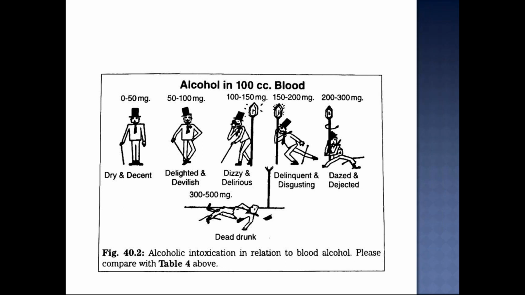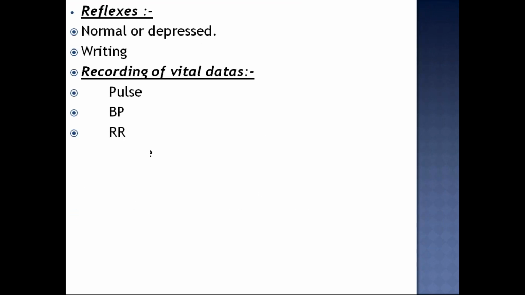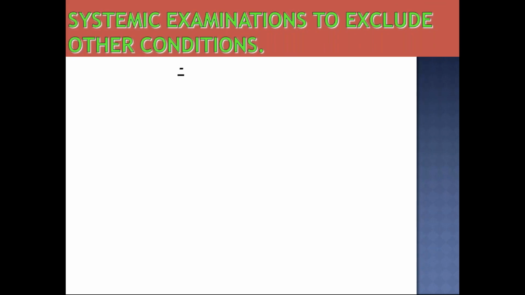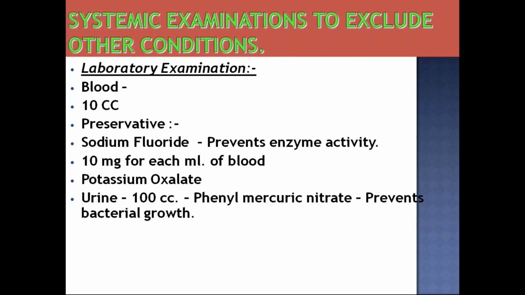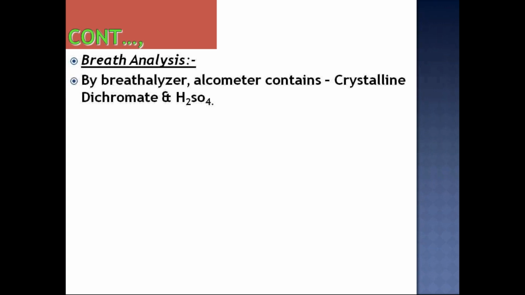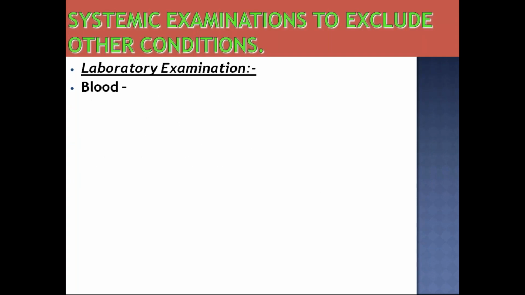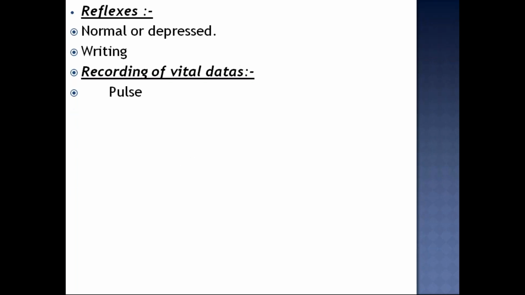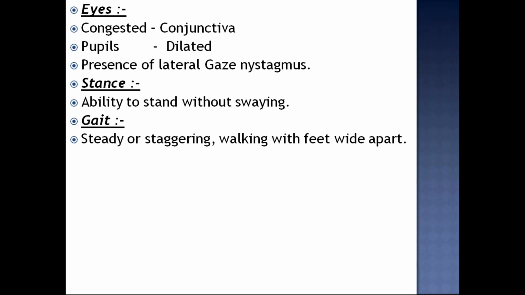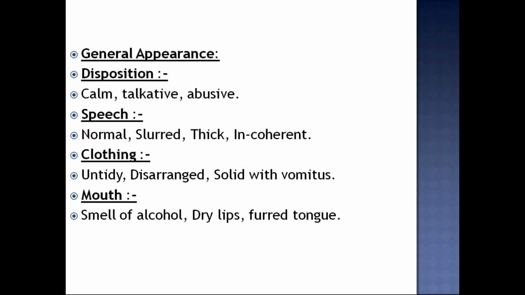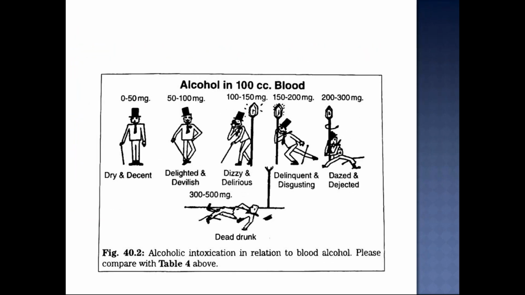The only instrument we have is the one we put in the mouth. Yes, the breath analyzer, which is used for testing on a roadside, has a mechanism to detect the blood alcohol concentration.